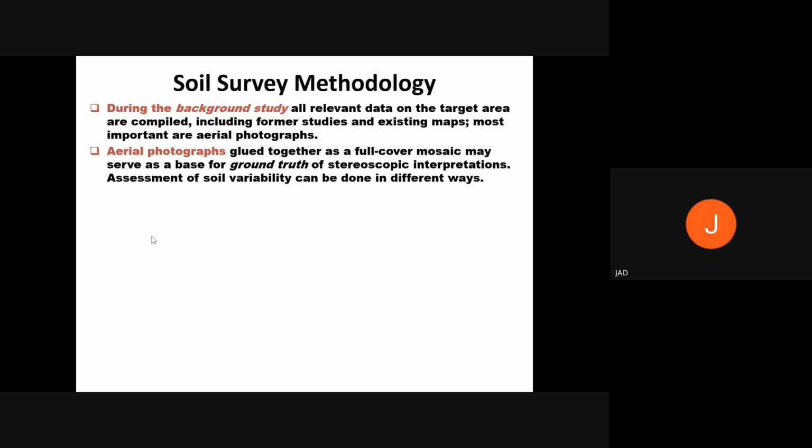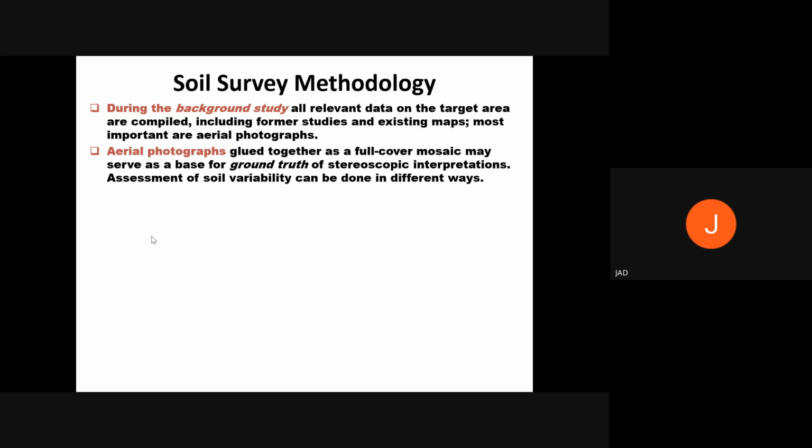When we say ground truthing, you have to do thorough field work in support of what you observe from the aerial photos. So assessment of soil variability can be done in different ways.